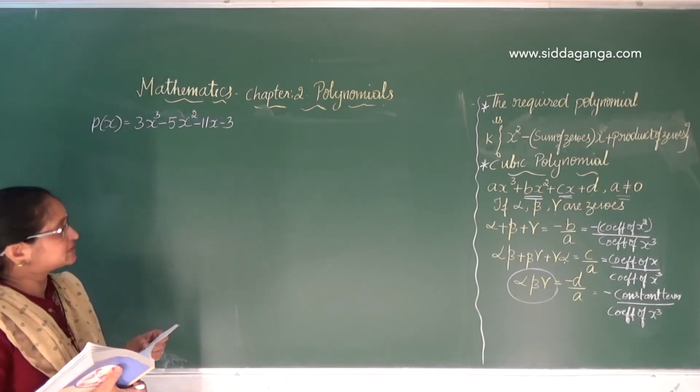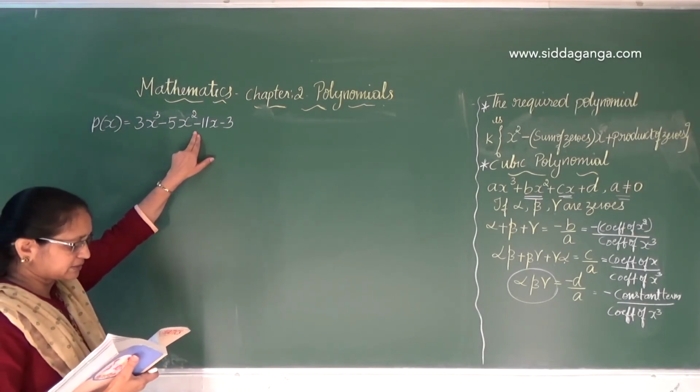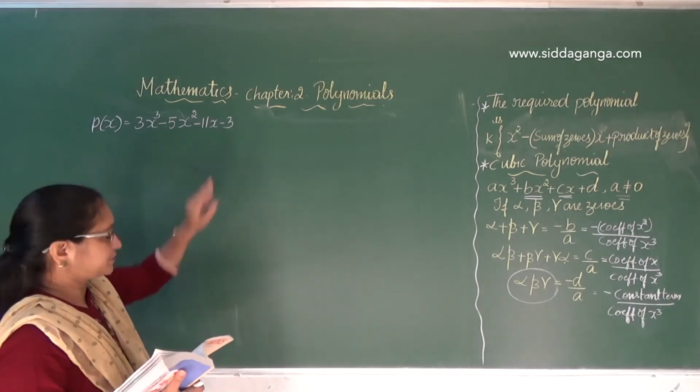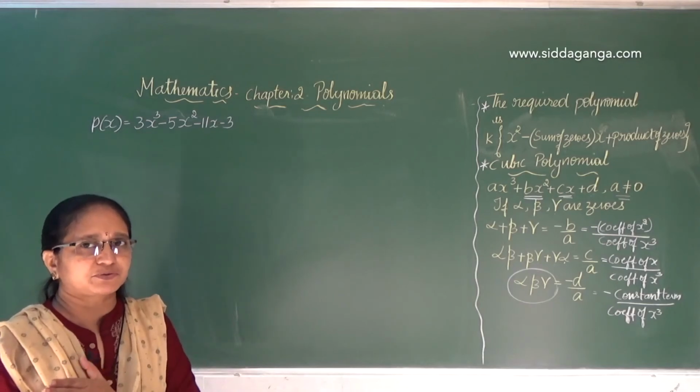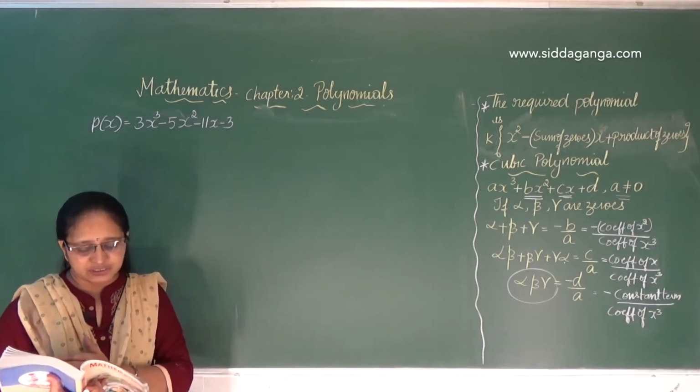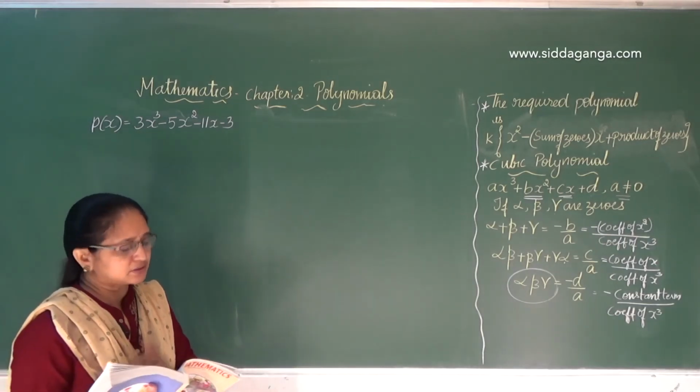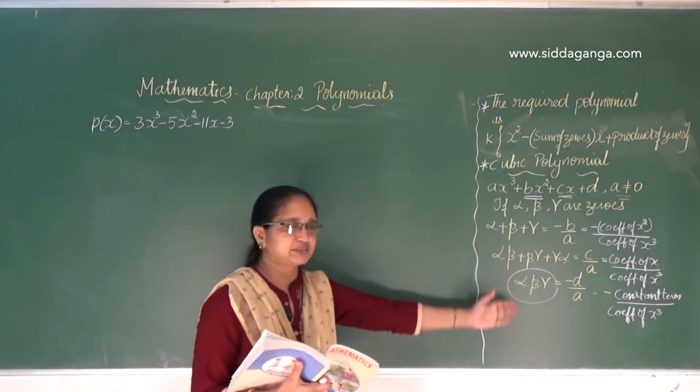And then the next part of the problem is to verify the relationship between the zeros and the coefficients. Again you have to apply this.